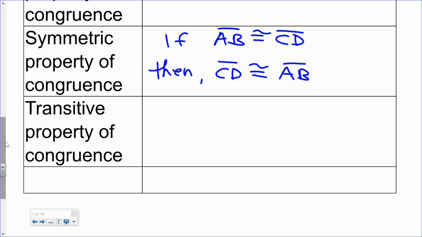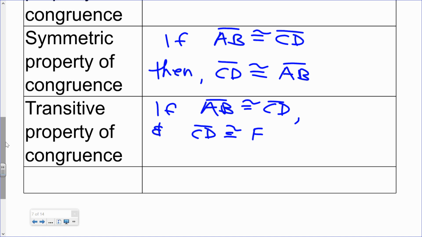Watch this though. Look at this chain of argument. If AB is congruent to segment CD, and segment CD is congruent to segment EF, then what? Look at the chain.